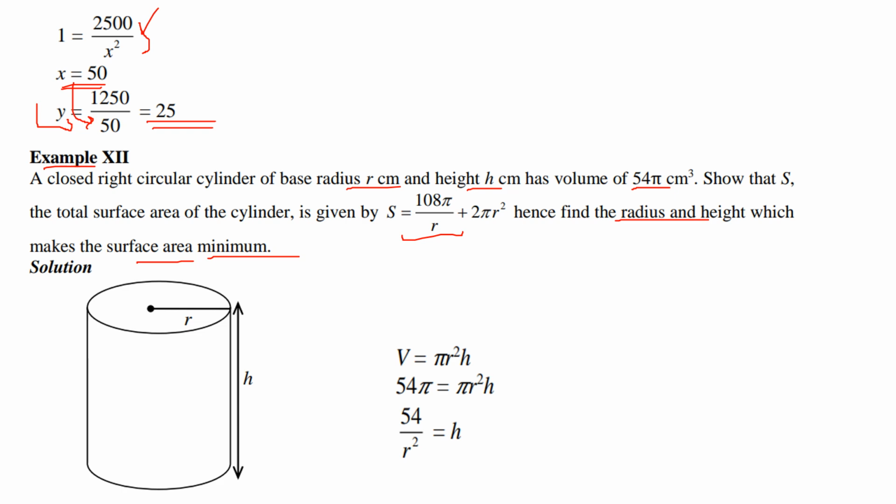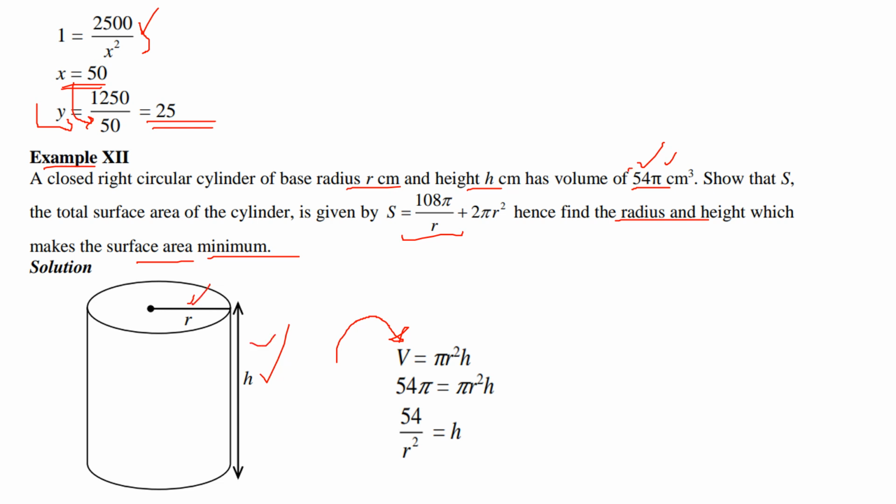Now for this, we are going to first sketch our right circular cylinder. It's going to have the radius r, and its side is going to be denoted by h. Since they talked about its volume here, that means we are supposed to use the volume to express either r or h in terms of the other.